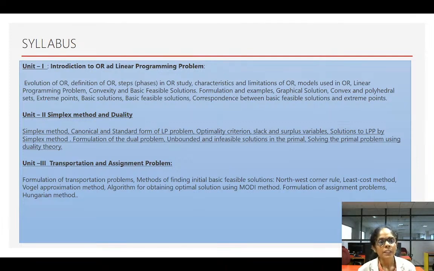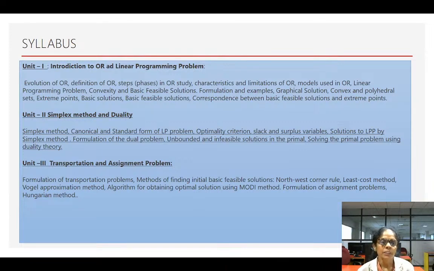And after that we study the linear programming problem: how to formulate the problem mathematically and how to solve it graphically, and then the solution which is based manually. In that we study feasible solutions, and the correspondence between basic feasible solution and extreme points.